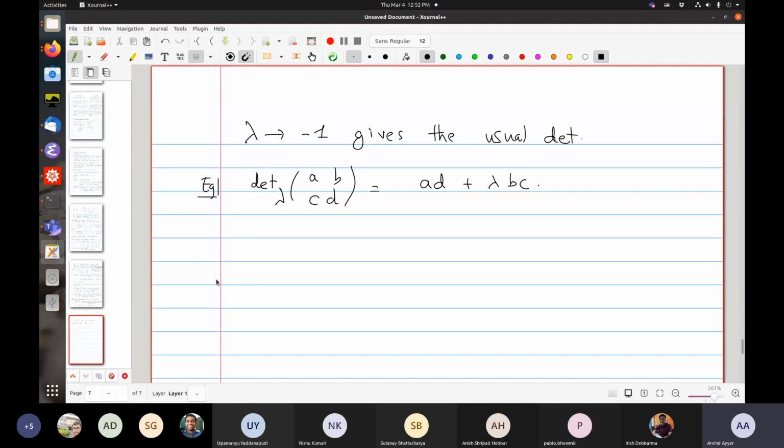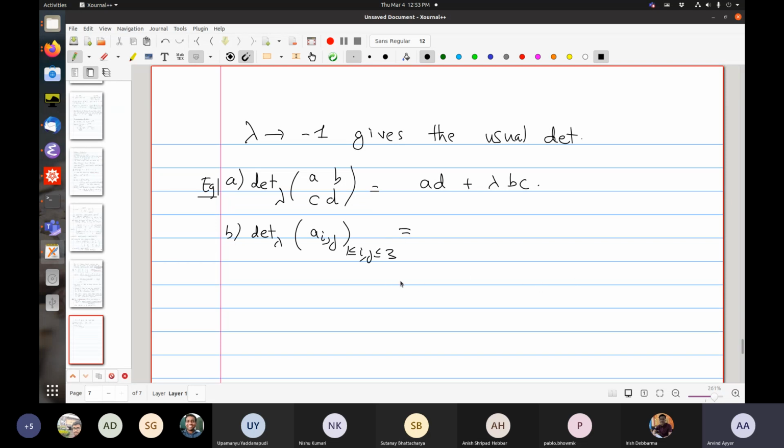For the 3 by 3 matrix, let me just tell you what happens, and this will motivate things. Take det_lambda of A_ij, 1 ≤ i, j ≤ 3.